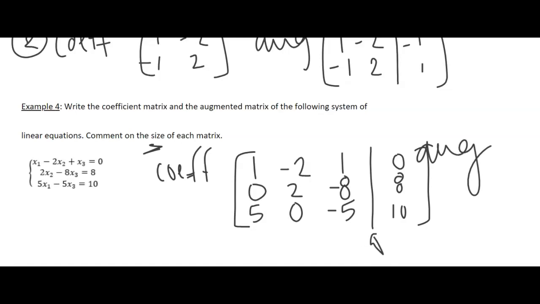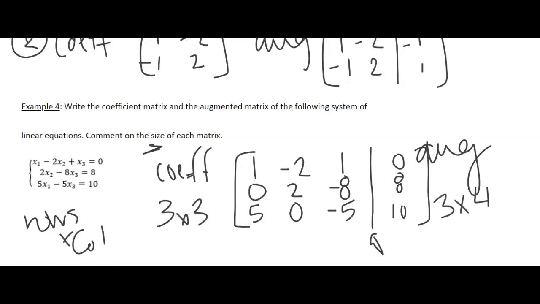That's just something that I personally put in there to show this is my coefficient matrix and my right-hand side of my system of equations, okay? Now the coefficient matrix was a 3 by 3. We do rows by columns. When we talk about the size of a matrix, our augmented matrix is going to be 3 rows by 4 columns.